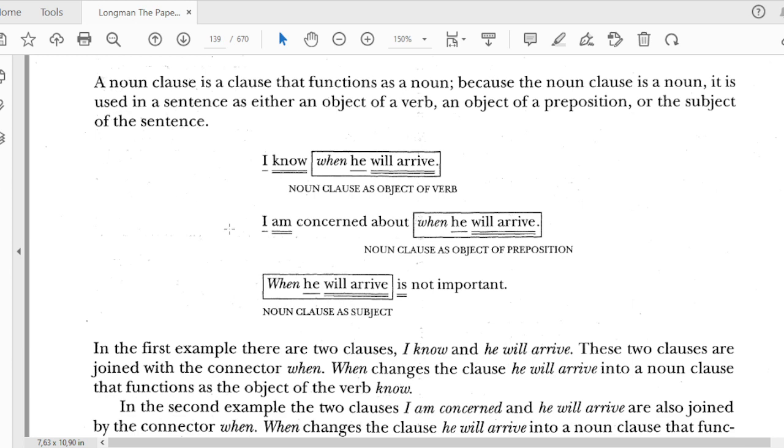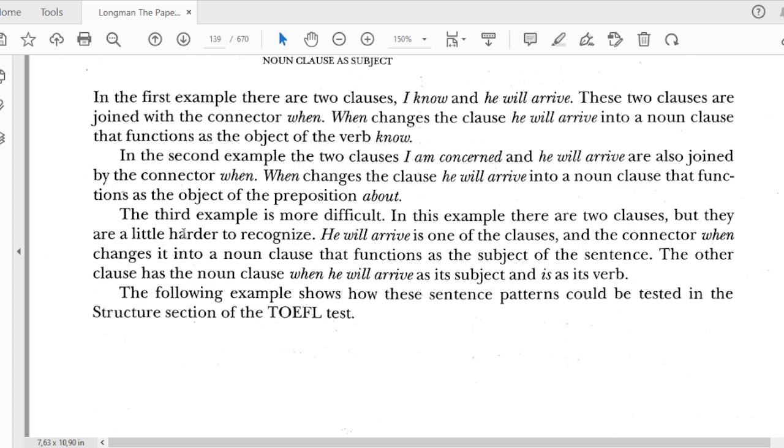In the first example, there are two clauses, I know and he will arrive. These two clauses are joined with the connector when. When changes the clause he will arrive into a noun clause that functions as the object of the verb know.